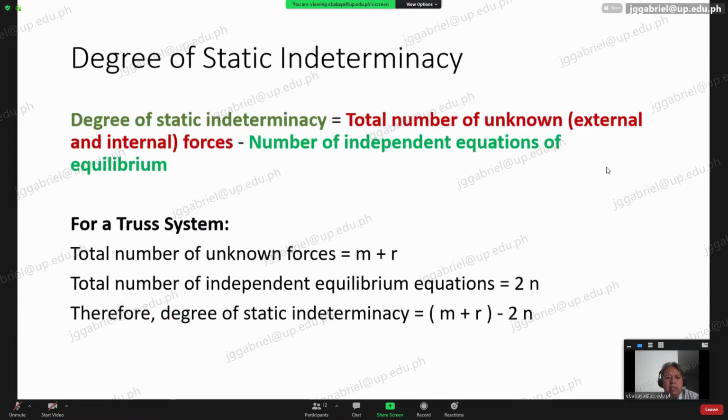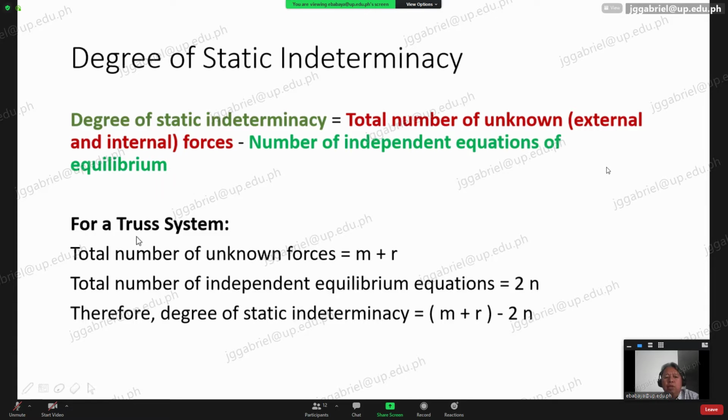Okay? Now, how do we solve for the indeterminacy? It's degree of static indeterminacy, that is total number of unknown external and internal forces minus the number of independent equations of equilibrium.